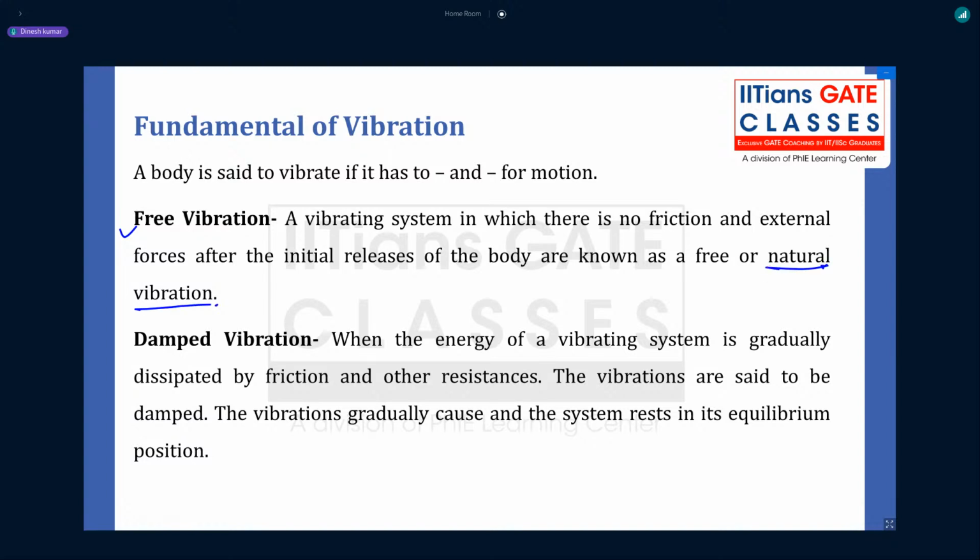Now what is damped vibration? When there is damping, there will be loss of energy. When the energy of a vibrating system is gradually dissipated by friction or other resistances, like viscous damping, most mechanical systems use viscous damping. After some time, the system may come to rest.